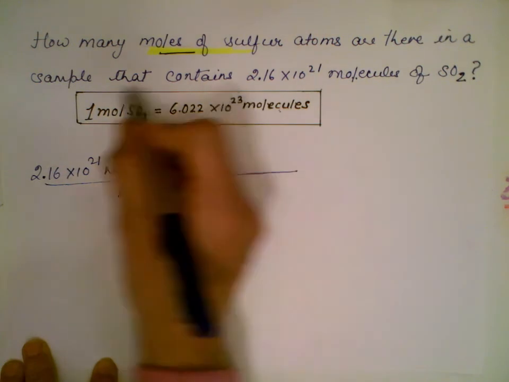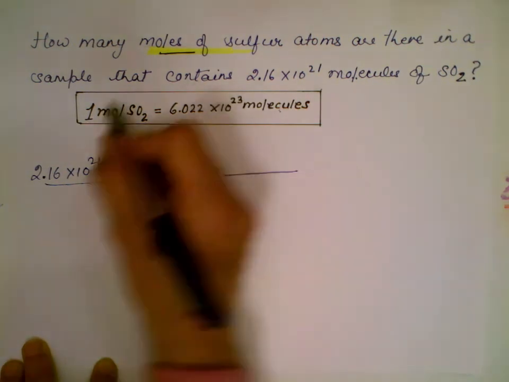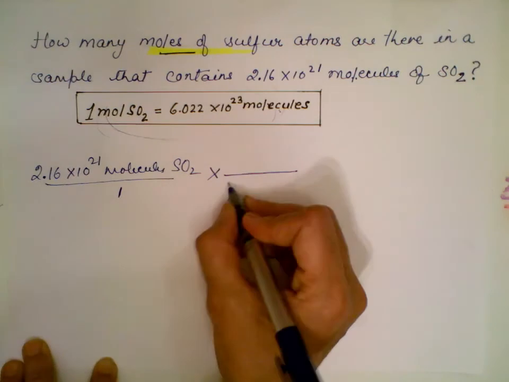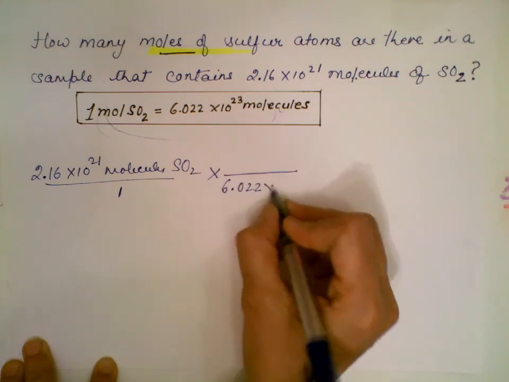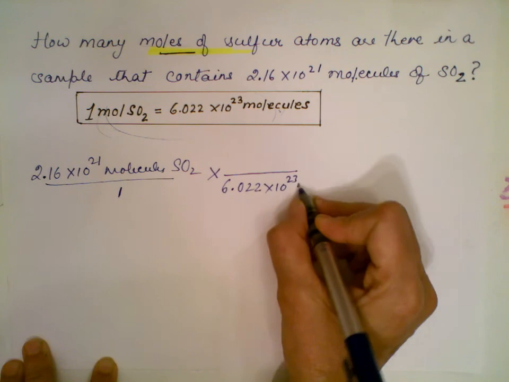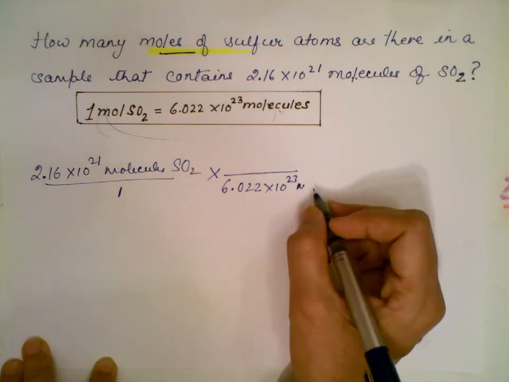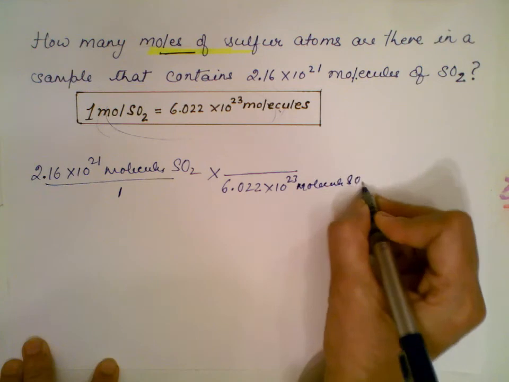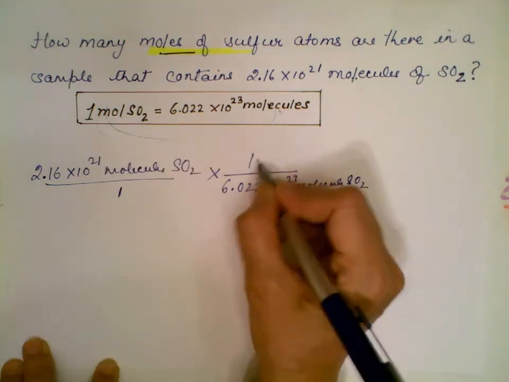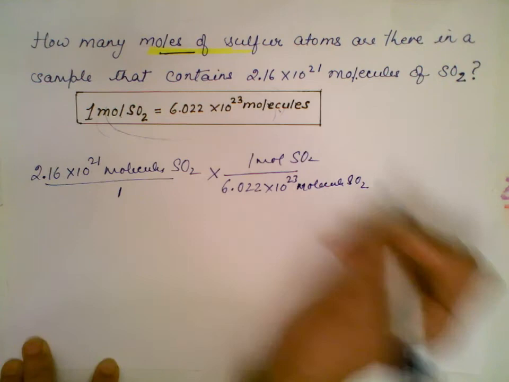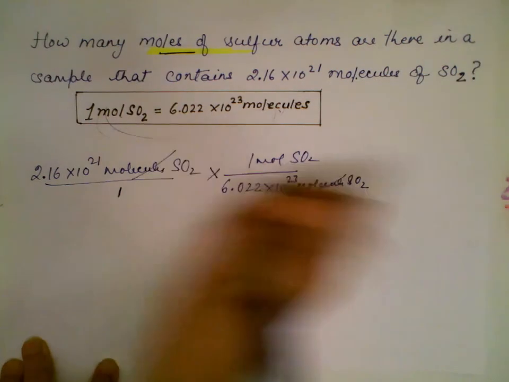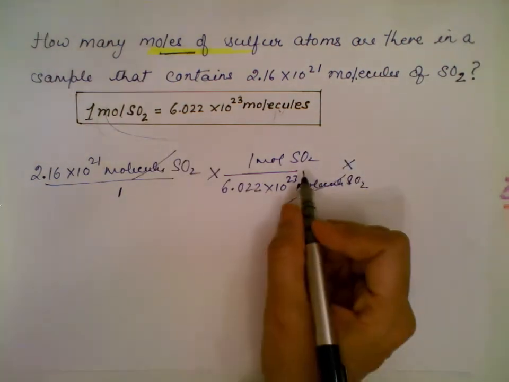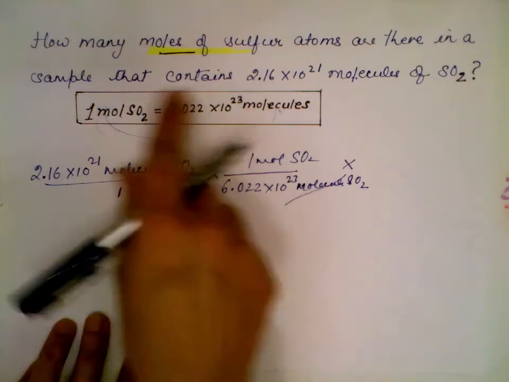So when you make a fraction from this definition, you write 6.022 times 10 to the power 23 molecules of sulfur dioxide in 1 mole of sulfur dioxide. Cancel out the molecules.